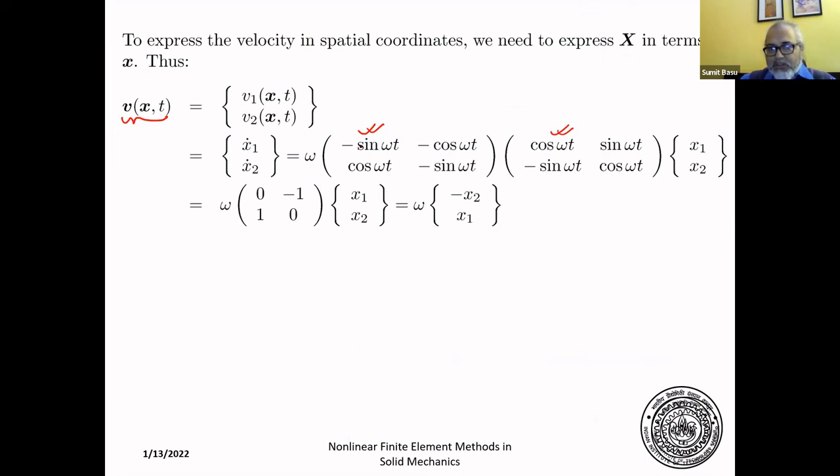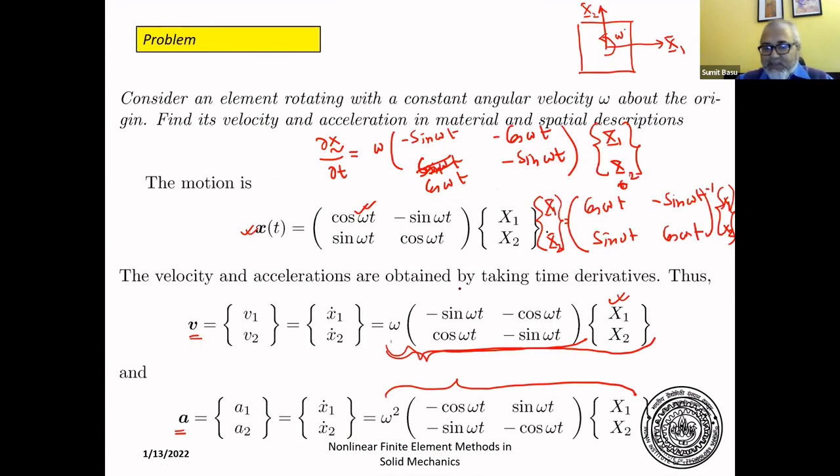So this will give you minus sine omega t times cos omega t, and then plus cos omega t sine omega t. So this will give you 0. Here you will get minus 1, 1, 0, times small x1, small x2. So you will get omega times minus x2 and omega times plus x1. That is the spatial description of your velocity, whereas this is the material description of your velocity.